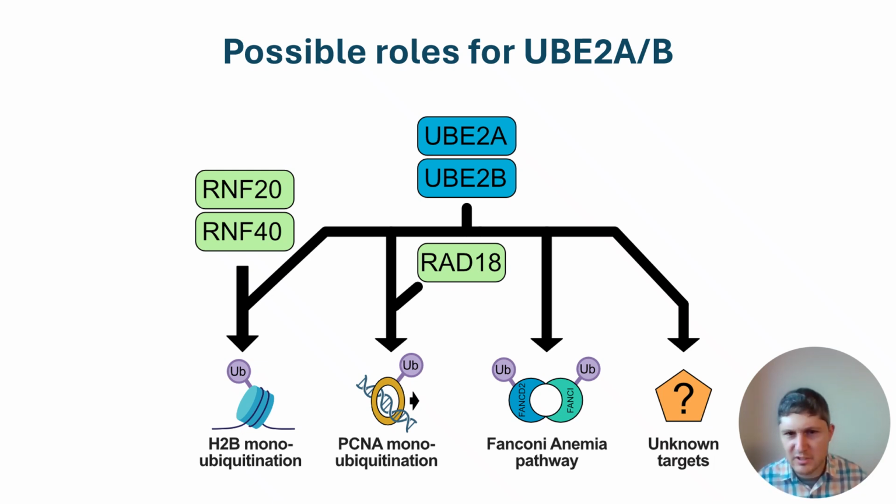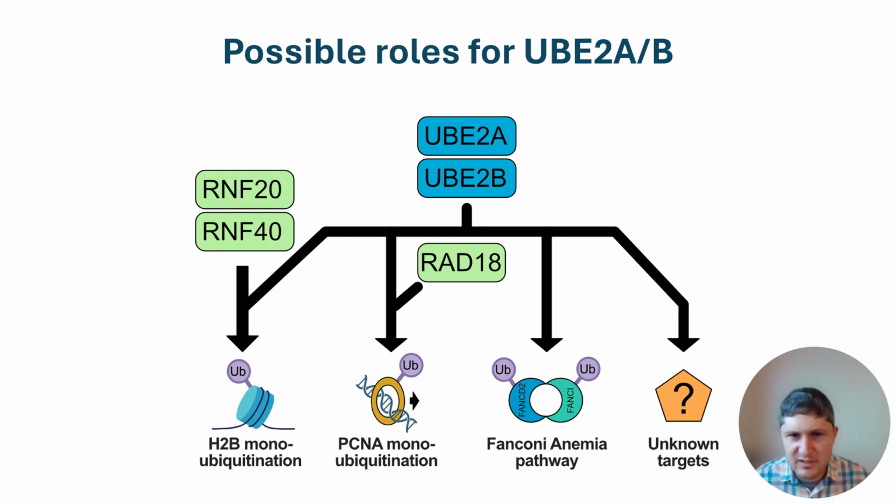So that's one possibility. It's not entirely consistent with our screen results in that we saw strong depletion of UBE2A and UBE2B, but we did not see depletion of RNF20 and RNF40. But nonetheless, it's one possibility.